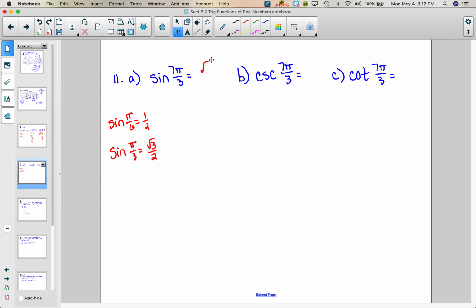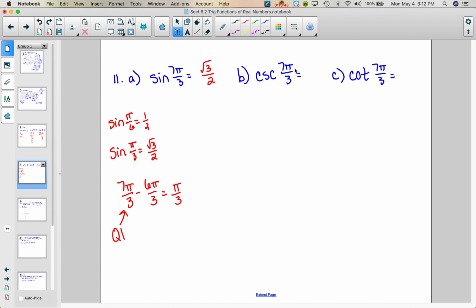So I know this has to involve a root 3 over 2. It could be positive, it could be negative. Now I have to think about the quadrant. Notice that there's a 3 on the bottom, and if I subtract out 2 pi, I get pi over 3. So this is a coterminal angle. That means this is quadrant 1, and it's positive. So that's my answer.